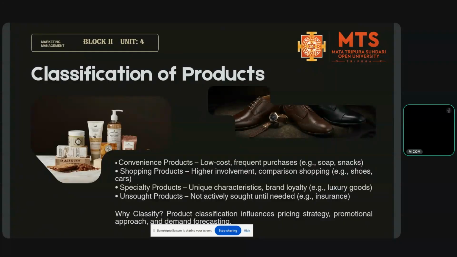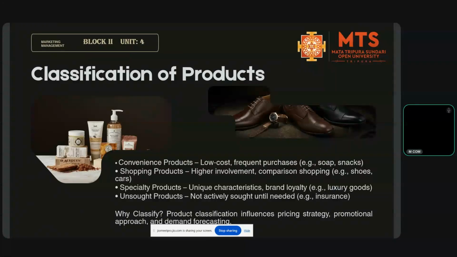Convenient products are those products which you can easily purchase, and frequently purchasable products can be called convenient products, or daily needs products. Like if you are using normal rice, I'm not saying basmati rice, normal rice, then that is a convenient product, because we eat rice daily.